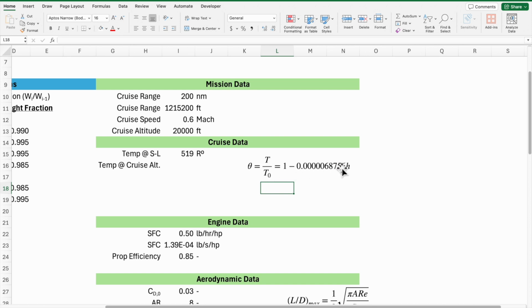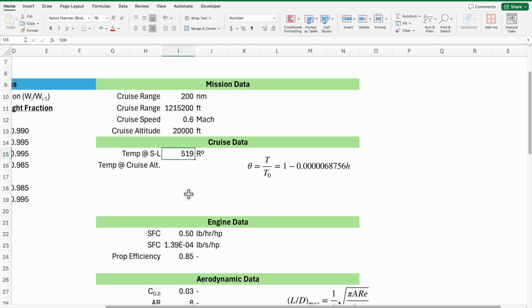And the lapse rate, which is this term here, is the rate of decrease in the atmospheric temperature as a function of the altitude h, and h is in feet. So if I want to find our actual temperature, I just multiply the reference temperature by this temperature ratio theta.